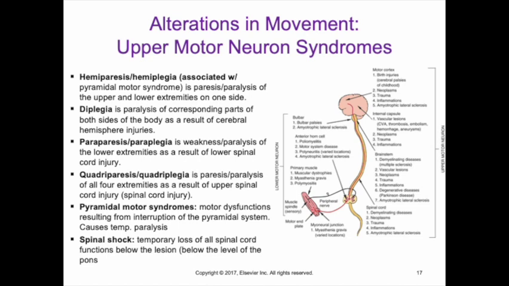Pyramidal motor syndromes are motor dysfunctions that result from the interruption of the pyramidal system, and you will only see temporary paralysis. And lastly, spinal shock, which is also a temporary condition. You'll have a temporary loss of all spinal cord function below the lesion, but again, you're in shock and it's temporary.